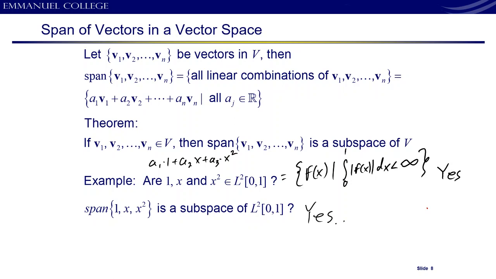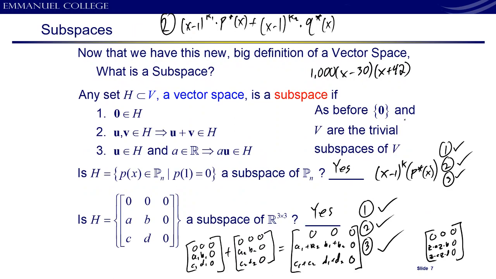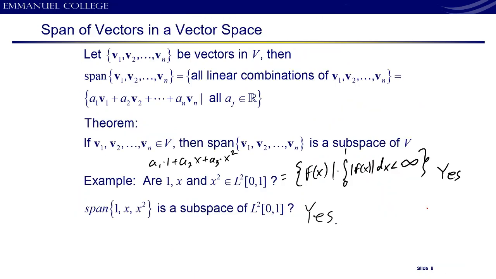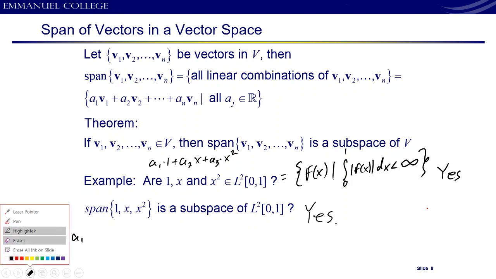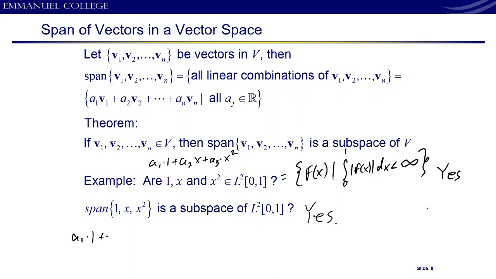Because if you let all the constants be 0, it stays in there. If you just change the constants and add them together, that would also be in there. So if I take a1 plus a2 x plus a3, that one should be the x squared. Let me stop being dumb.